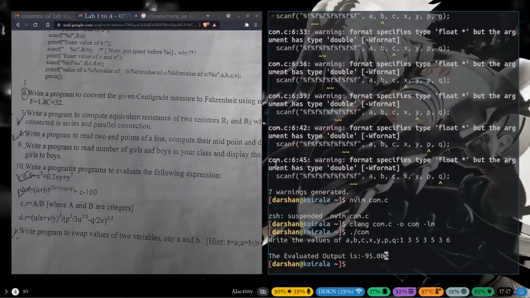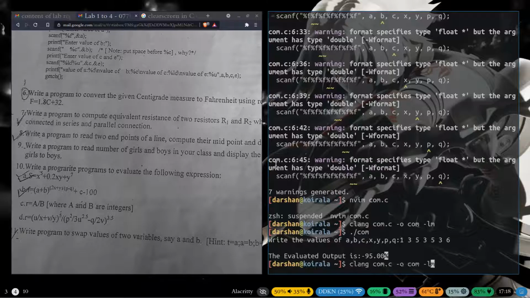So a plus b, that is 1 plus 3 to the power of 2x, 2 into x is 5 plus 3, again 5, 3, pq is 5, 3 times 5 minus 3. No, it is too big, and this thing is too big. How is it not outputting the output?